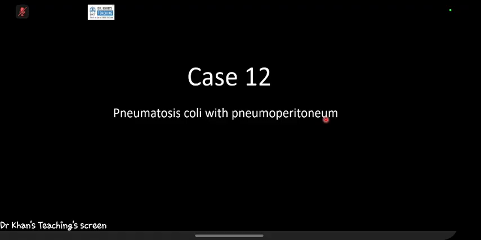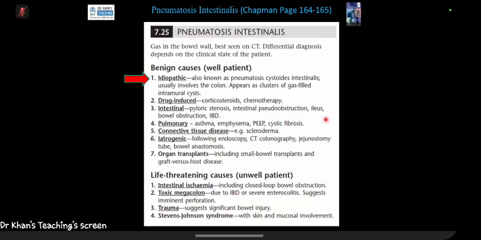So in pneumatosis intestinalis, gas in the bowel wall, the differential diagnosis depends on the clinical state of the patient. Now, candidate 6, I told you, when an examiner is giving you the clinical history, it is very important to listen very carefully.